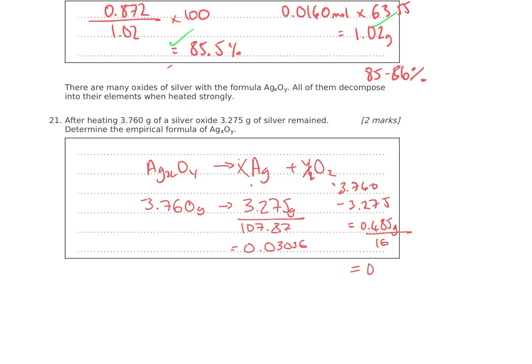Is going to be 0.03031 moles. So it's close enough to be 1 to 1. Okay, so it's going to be AgO. Did not leave myself enough space for that. There's a couple of methods with most of these mathematical ones. Get a mark for working out the moles of each, and a mark for the final answer.